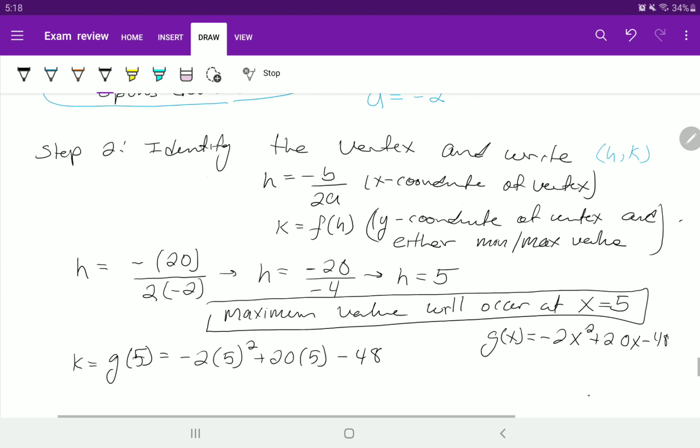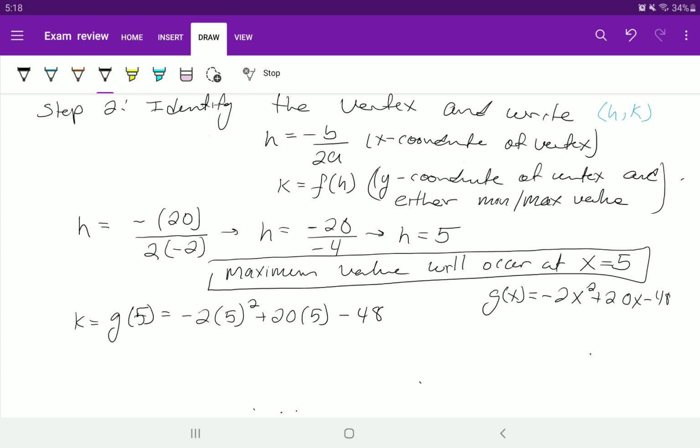Yep, just want to make sure that's correct. So k is equal to, 5 squared is 25, so negative 2 times 25. 20 times 5 is 100, so it's going to be plus 100 minus 48.